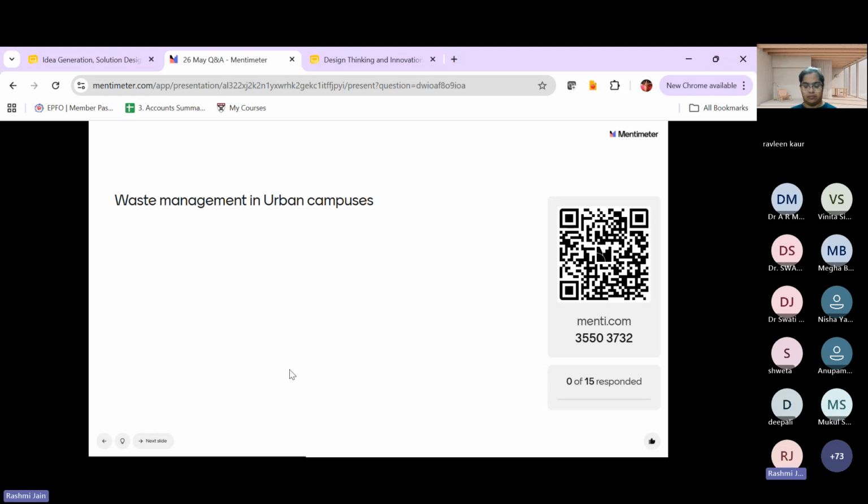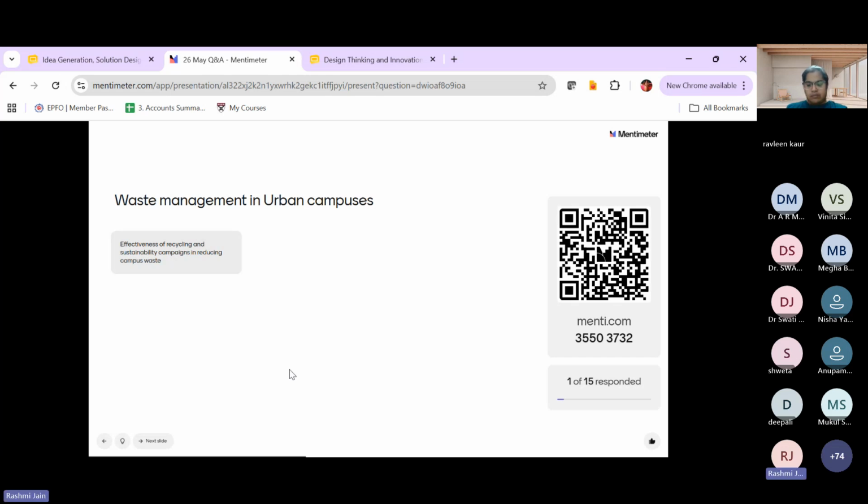I can give you some inspirations like recycling, but effectiveness of recycling and sustainability campaigns in reducing campus waste. Very good. So you can plan your surveys and studies around judging the effectiveness of the campaigns.